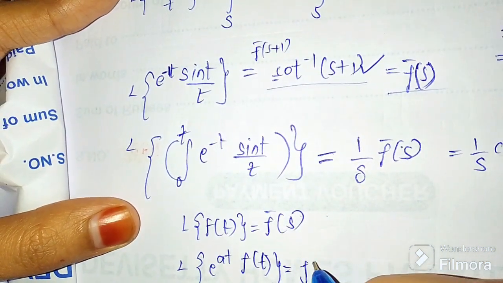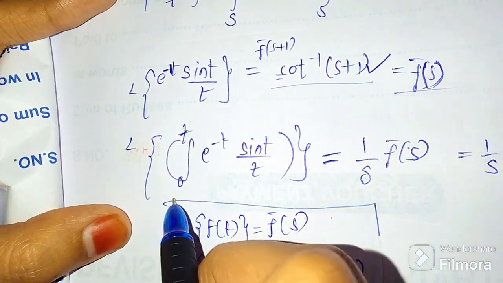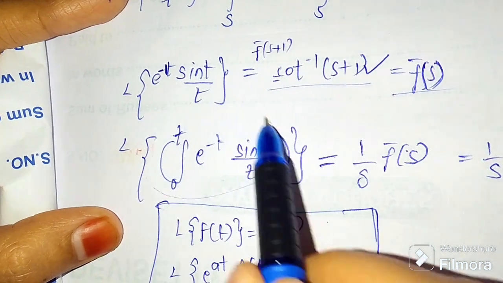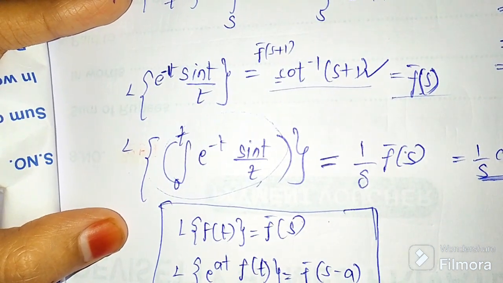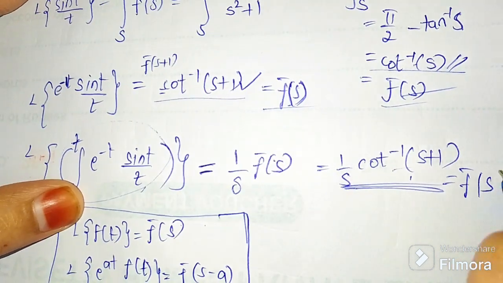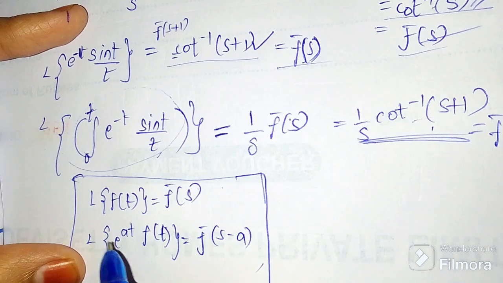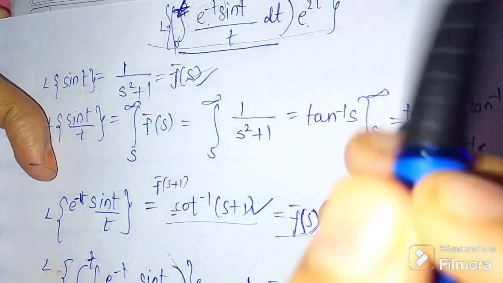It will be f bar of s minus a. This is your first shift property. See, this is my f of t, this is my f bar of s. Then what will be this answer? That is nothing but my question.